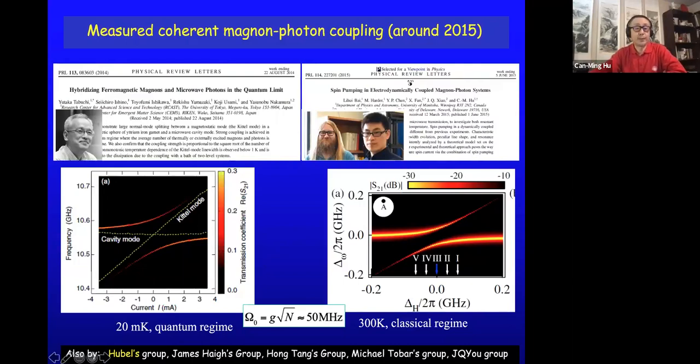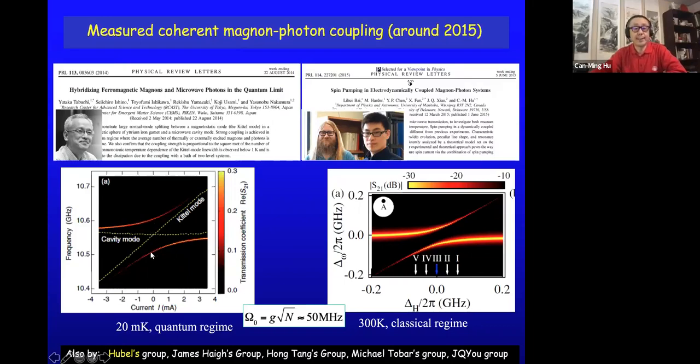The first group reported this type of magnon-photon coupling from Hans Huebl in Munich. And here are two examples of this kind of coupling. What you see here is done by Nakamura's group in the quantum regime, at low temperature, where a single photon couples to the magnon system.